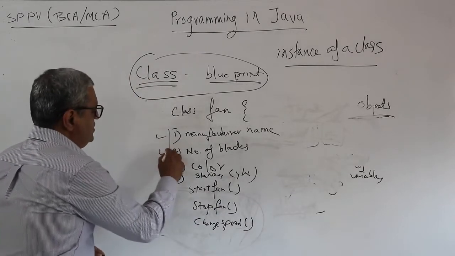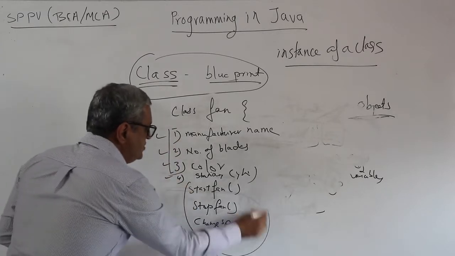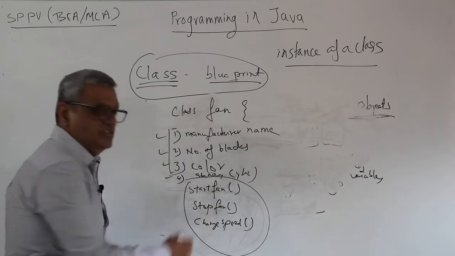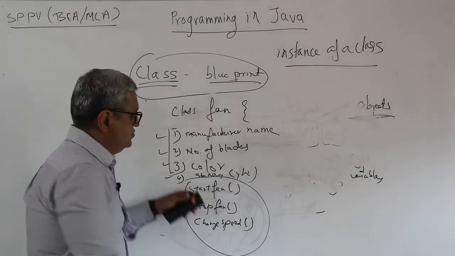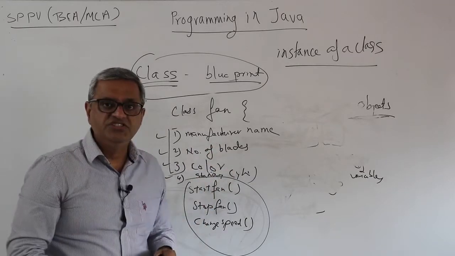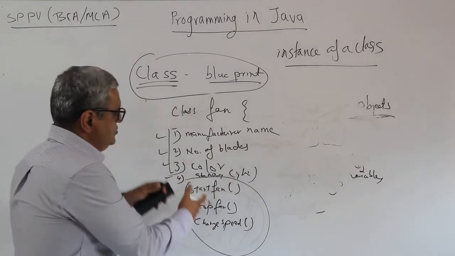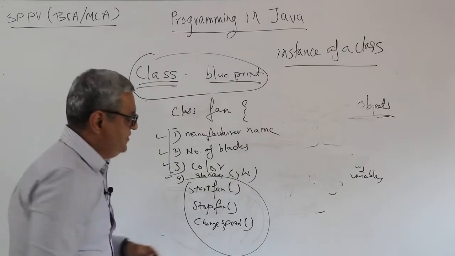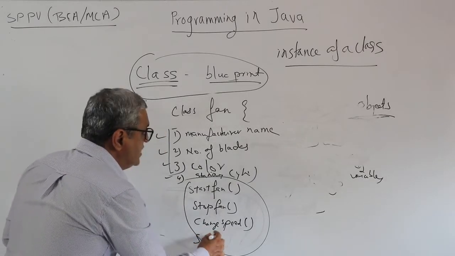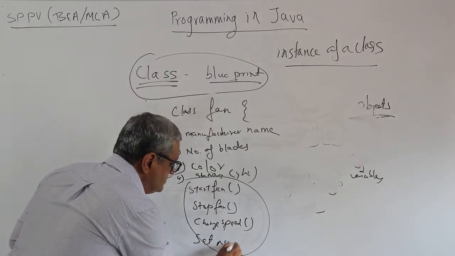So if these are 4 attributes, this could be another set of methods, functions which would help me to change the values of attributes. There could be set manufacturer name.